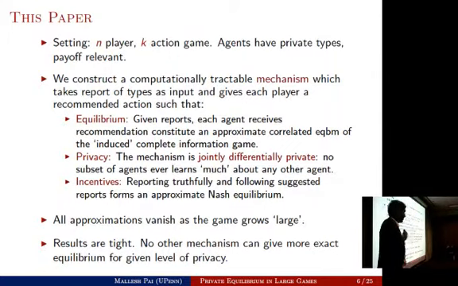So the computationally tractable part is just a bonus, that it can be done computationally tractably. No other mechanism could do better any which way. And the tightness is only in the limit? Sorry? The tightness is an order result, so you can't have any other mechanism that does a better rate. All right? I'll give you formal definitions in a slide or two.